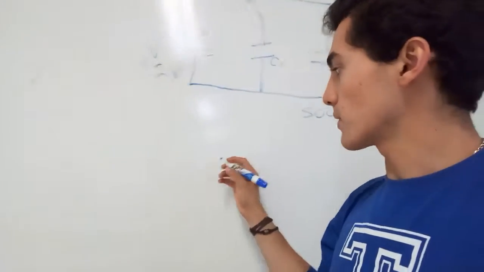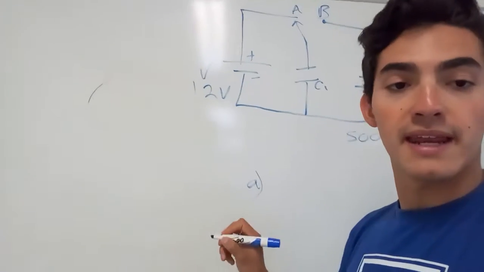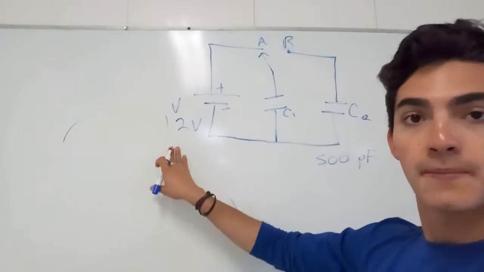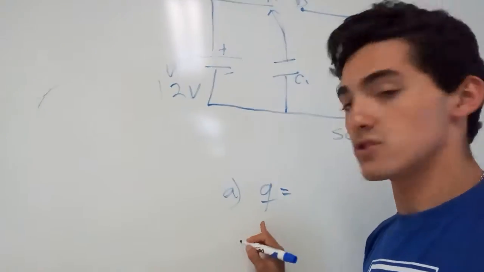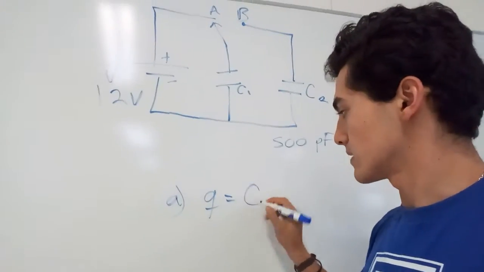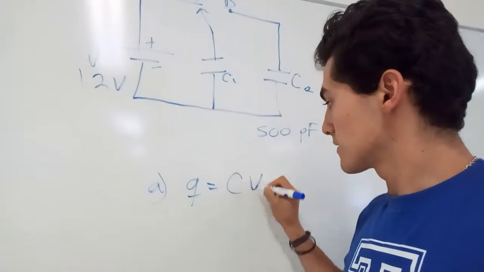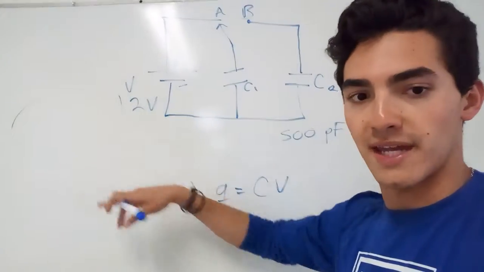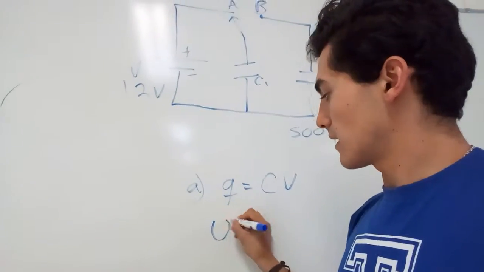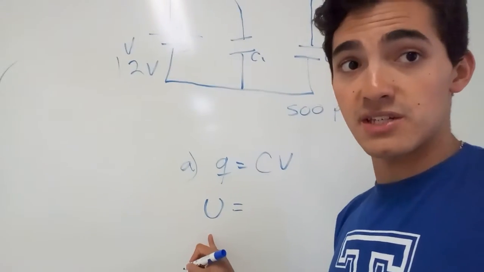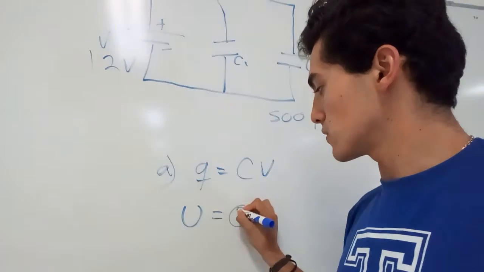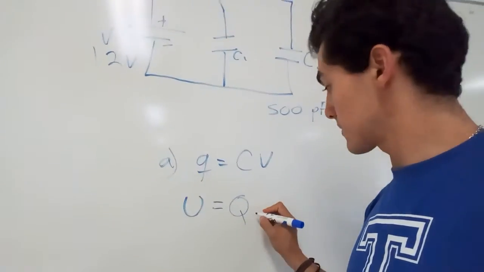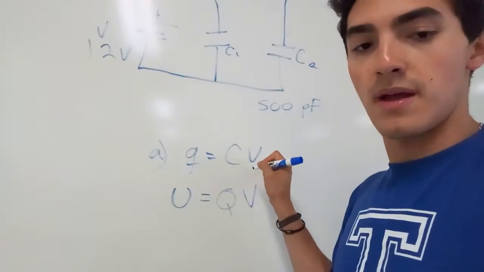So first I'm going to do the first part, that is the energy delivered by the battery. For understanding this part, we have to consider that the charge is equal to the capacitance times the voltage, and the potential energy, that is the energy delivered, is equal to the charge times the voltage.